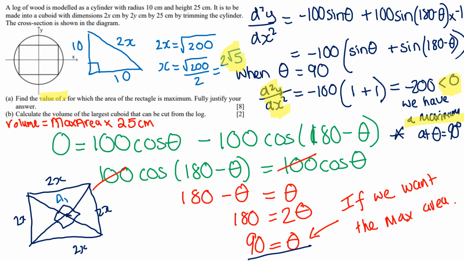So the maximum volume would be 2x times 2x times 25. X is 2 root 5, so it's basically 2 times that. So it's 4 root 5 times 4 root 5 times 25. Let's put that in the machine.